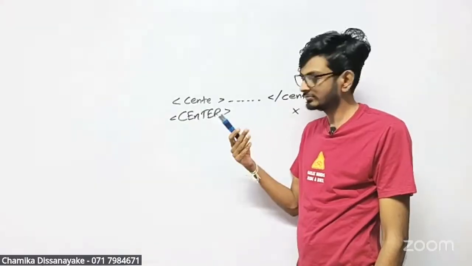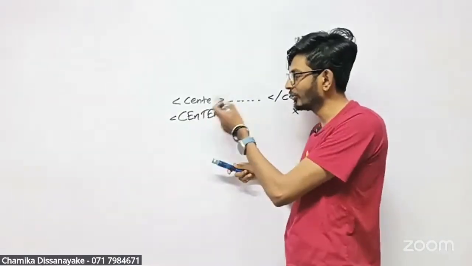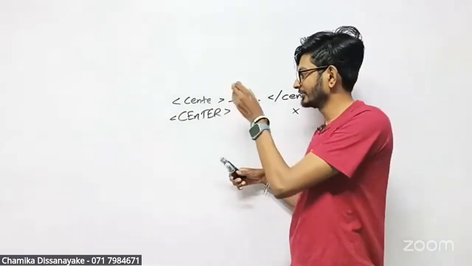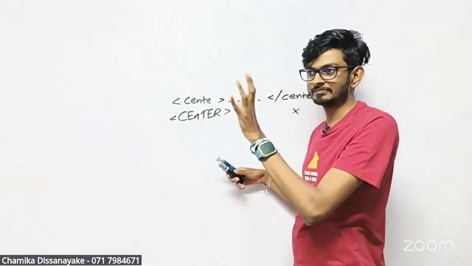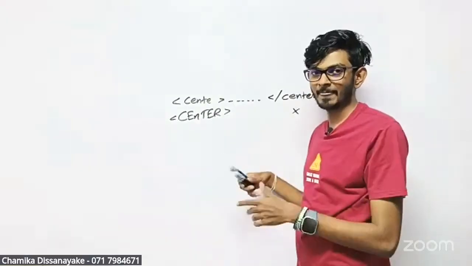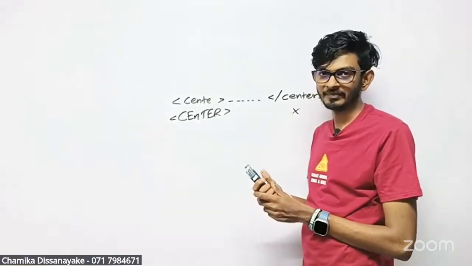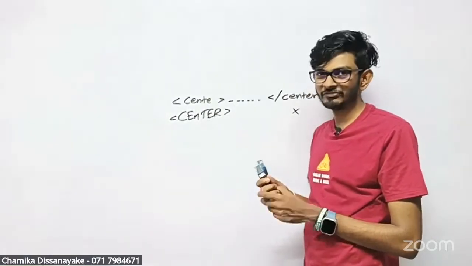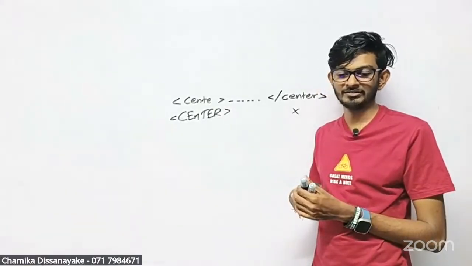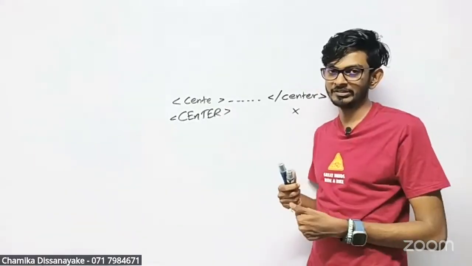Okay, ignore. So then the center tag won't work, and the text will be shown in the normal way. So those are the features. I remember those things. We learned about those things.